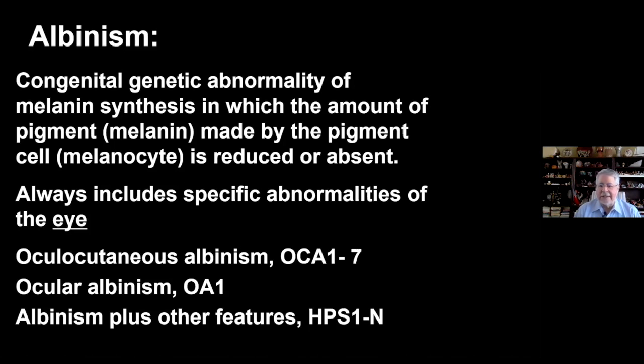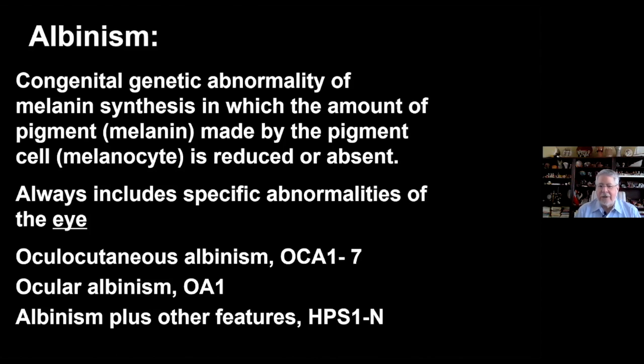It always includes very specific abnormalities of the eye and visual system. Now, albinism is not just one gene. There are many different genes that lead to albinism. We classify the albinism that affects the skin, hair, and eyes as oculocutaneous albinism, and there are at least 7, 8, maybe more different forms of it.